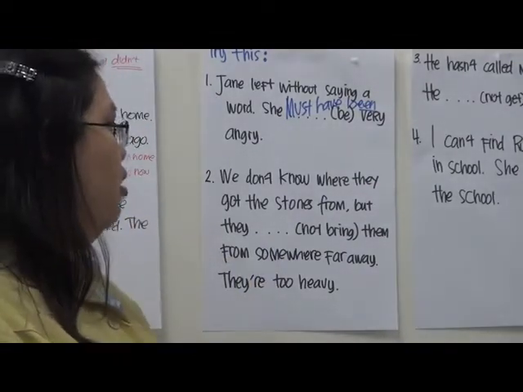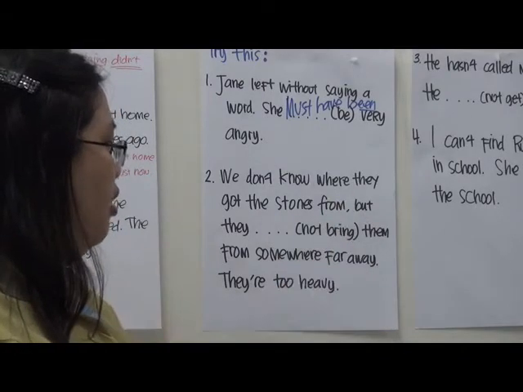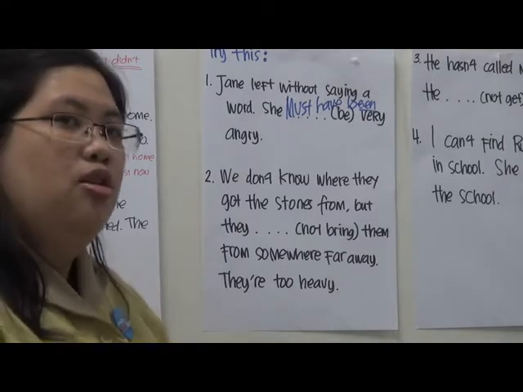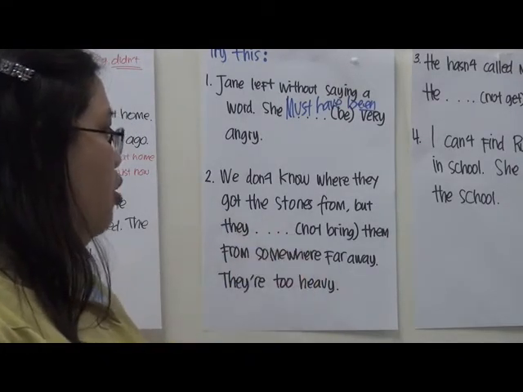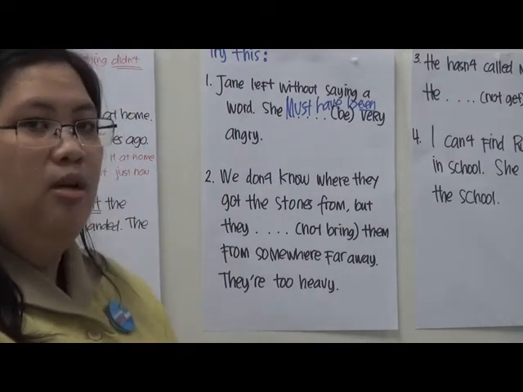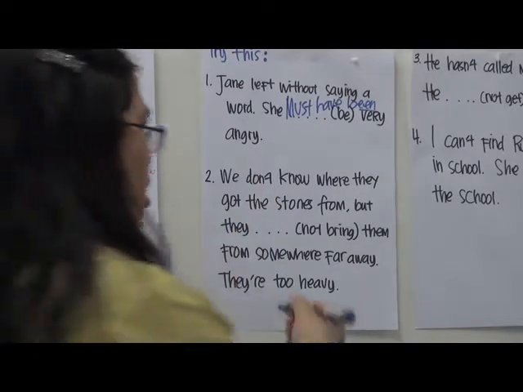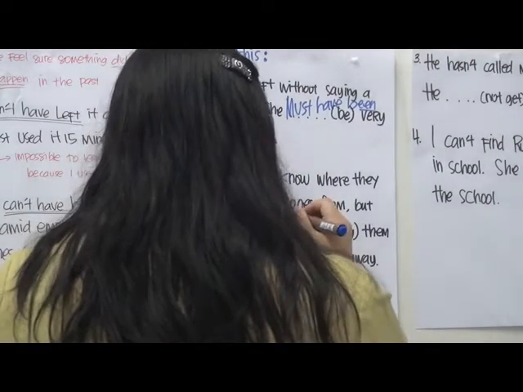Let's try the second one. We don't know where they got the stones from, but they can't have brought them from somewhere far away. They're too heavy. So we're talking about the stone. The stone is very heavy. So it's impossible that they transferred it from somewhere far away. From what we learned before, this must be can't.